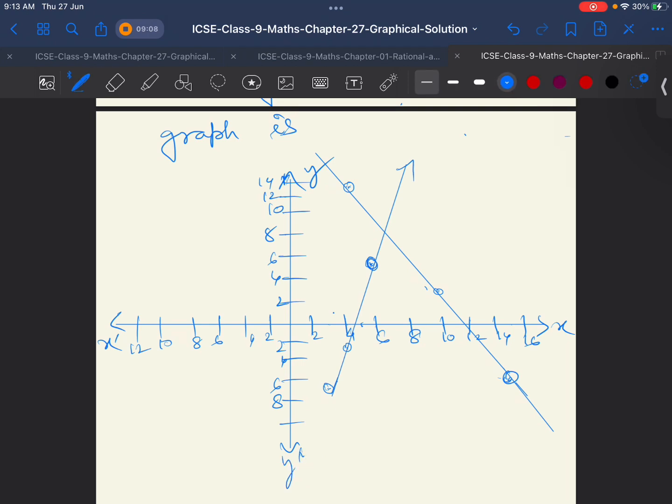So this point is here, 4, minus 3, and 3, minus 7 is here.